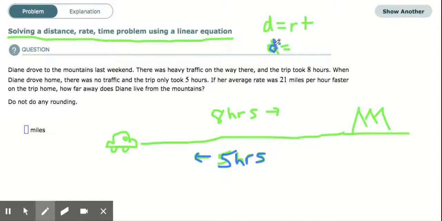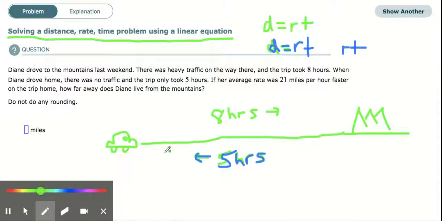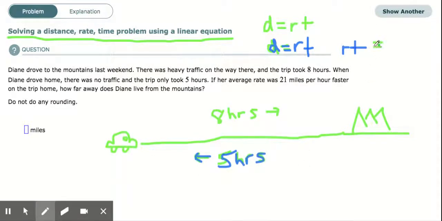If that distance is also equal to the rate times time, and if the distances are equal to each other, then we could just say that the rate times time for the way back is equal to the rate times time for the way there, right? This rate times time is equal to this rate times time since the distances are equal to each other.